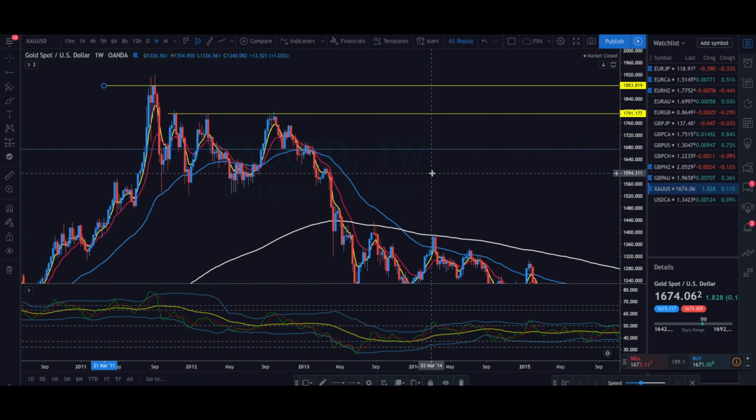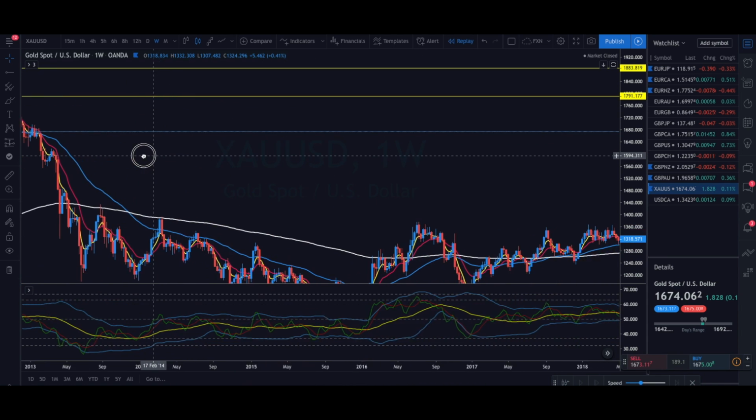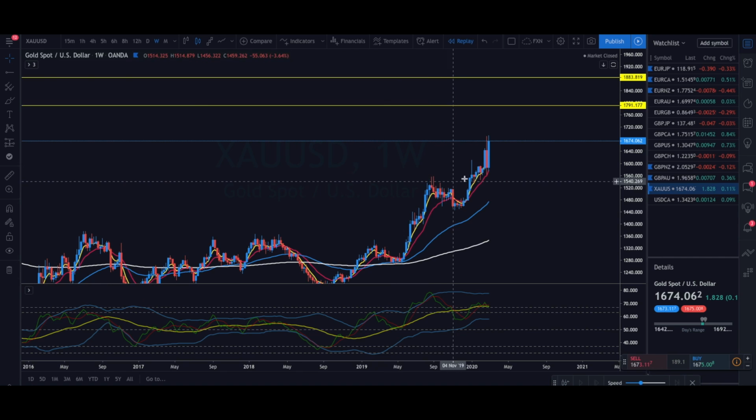Those would be basically the next levels that we'd be looking for gold to hit. If it breaks out of that 1688 zone, forget it. You're definitely going to have some very strong buying momentum on gold. So keep that in mind.